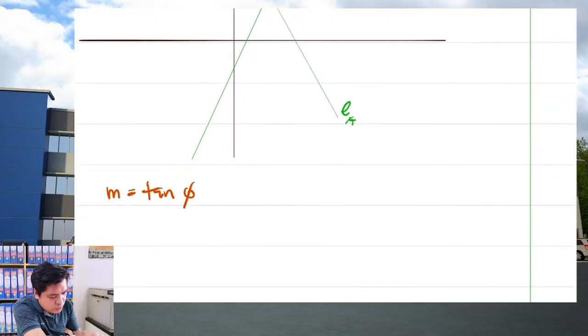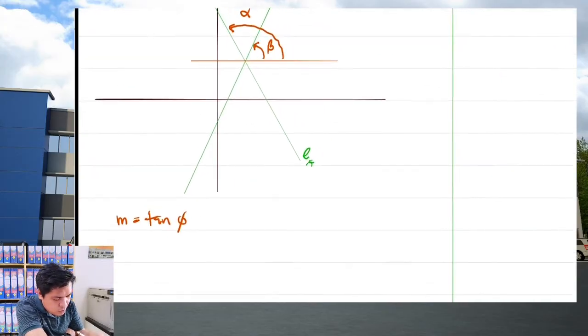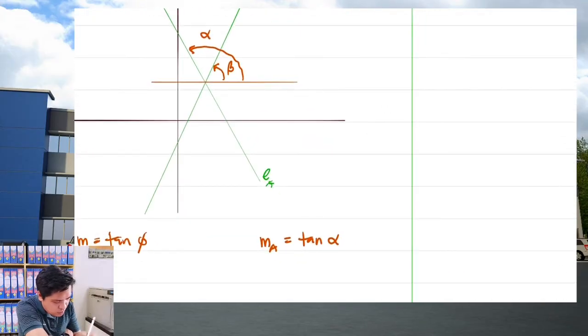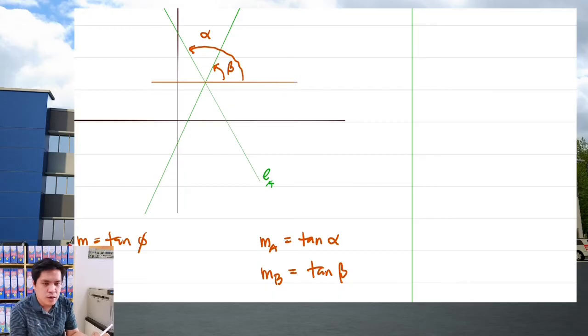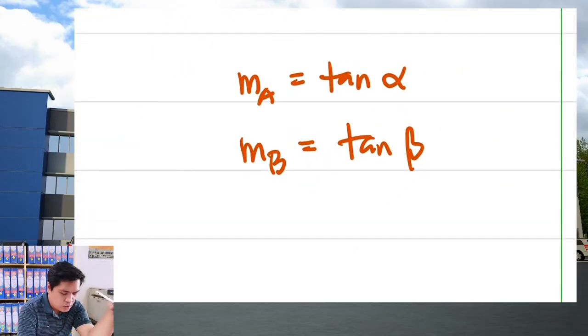So the slope of line A is equal to the tangent of its angle of inclination, which is alpha, and the slope of line B is equal to the tangent of its angle of inclination, which is beta. So m sub A is equal to tangent alpha, and m sub B is equal to tangent beta.